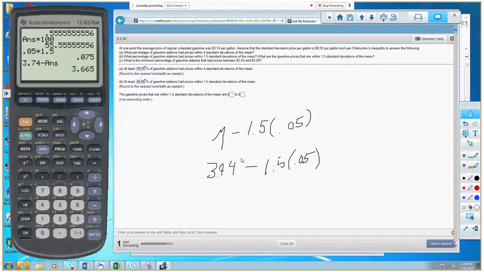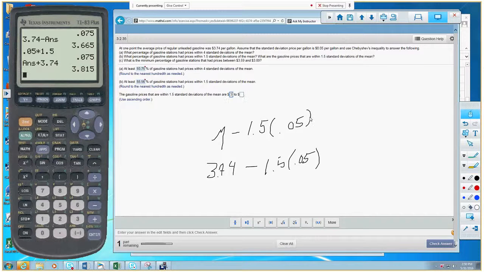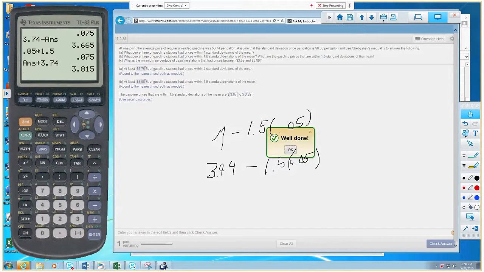And then you'd add it, so 0.05 times 1.5, enter, plus 3.74. So it looks like 3.67 and 3.82. And that should be your answer.